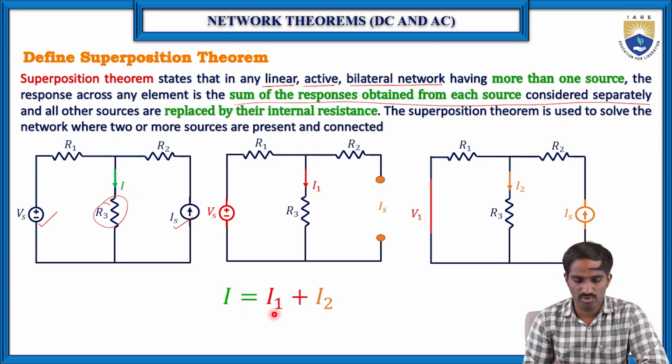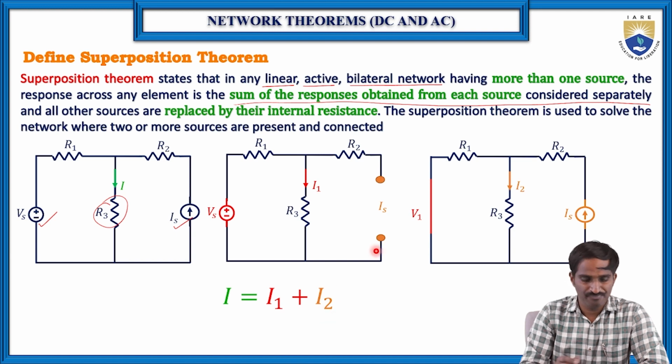So this is what the superposition theorem states: the response across any element, here the current flowing through R3, I, is the sum of the responses obtained from each source considered separately. First we considered only the voltage source, and since the other source is a current source, it is replaced with an open circuit.